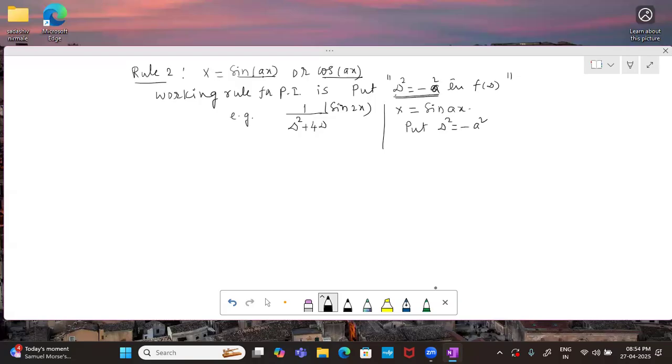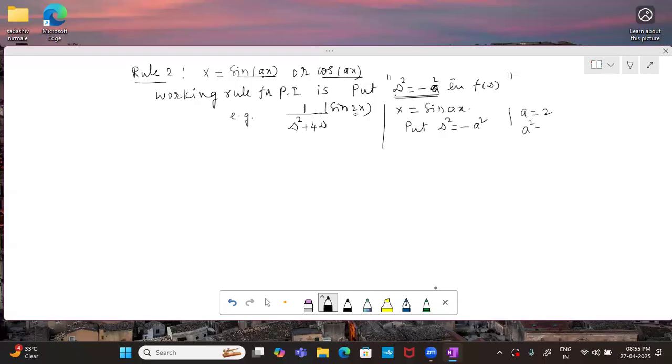Now, if we compare capital X with our function in the problem, you will find that a is 2.